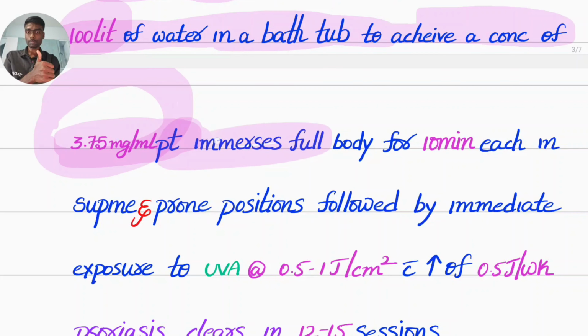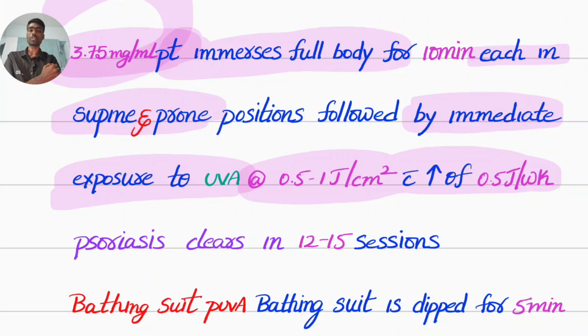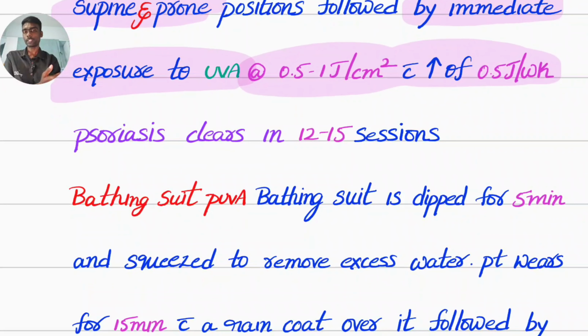In the bathtub, the patient is immersed full body for 10 minutes each in supine and prone position, to cover the supine portion and prone portion of the body. This is followed by immediate exposure to UVA inside the UVA chamber at 0.5 to 1 joule per centimeter square, with increments of 0.5 joule per week.